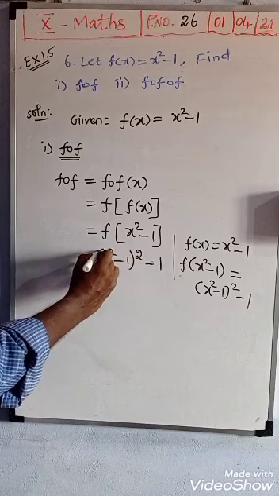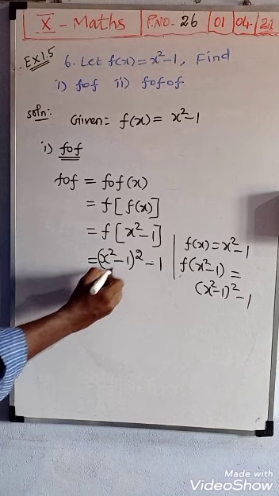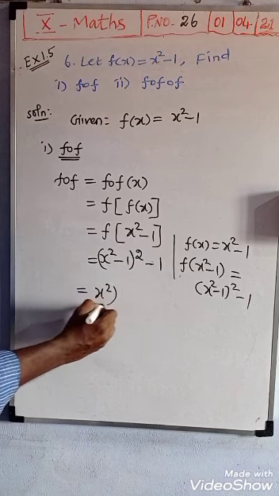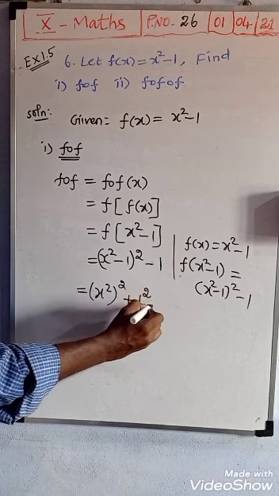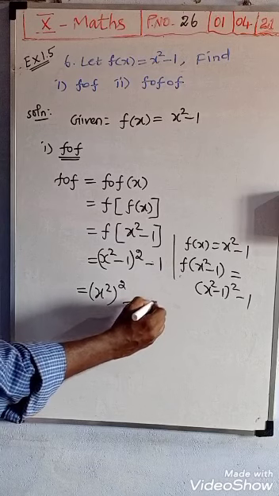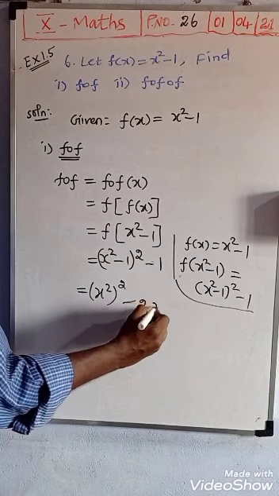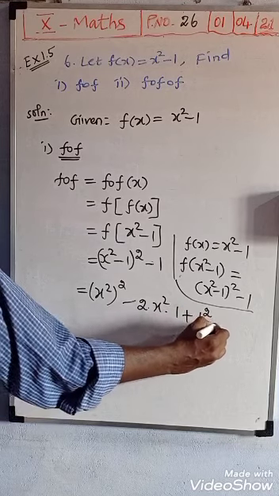Now expand this using (a minus b) to the whole square, which is a square minus 2 into a into b plus b squared, then minus 1.